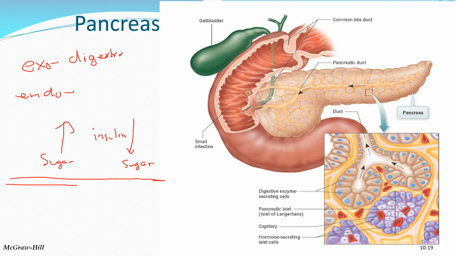Now, if you're exercising, right, your body's going to use up all that sugar in your blood. So your blood sugar goes down. Let's say it goes down to 50, 40, right? What happens when you have low blood sugar? You get a little, what? Dizzy? What else? Weak? Clamminess?